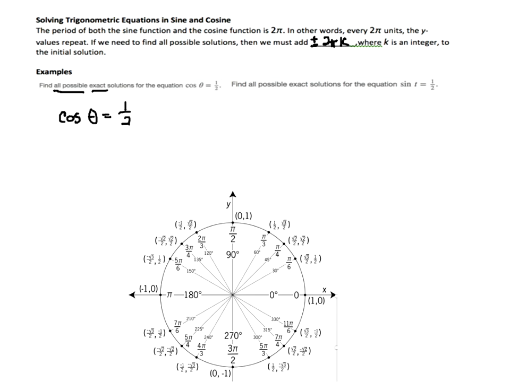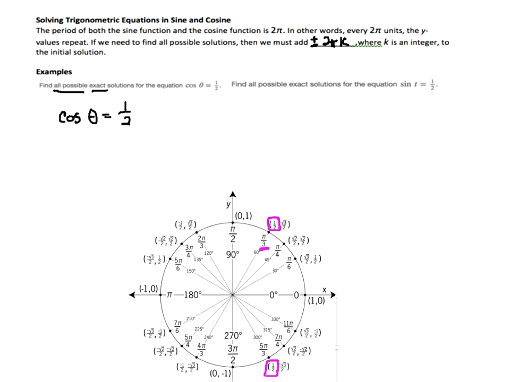Let's look at the unit circle below. We know that the cosine of theta is the x value of the points on the unit circle, so we're looking for x values that are 1/2. We have 1/2 here, and we have 1/2 here.